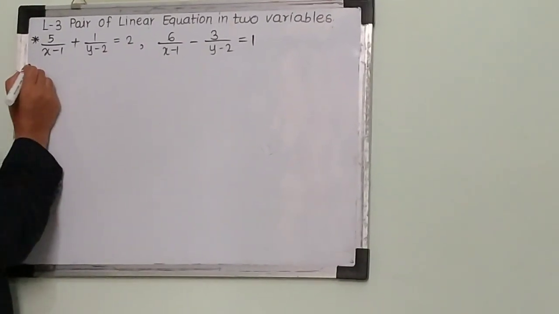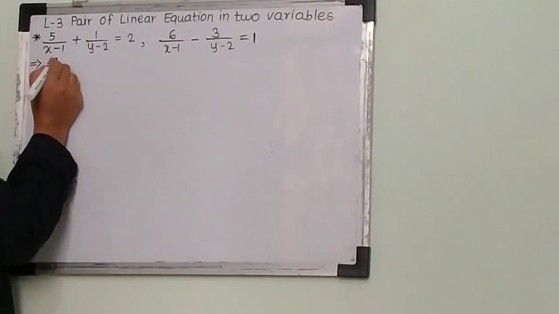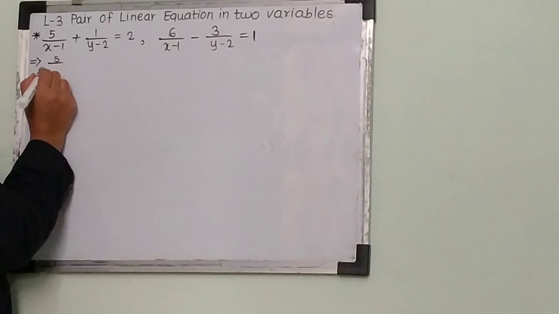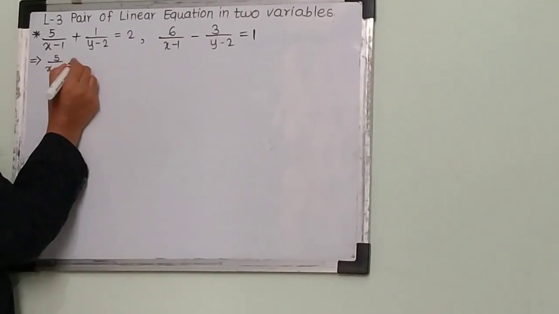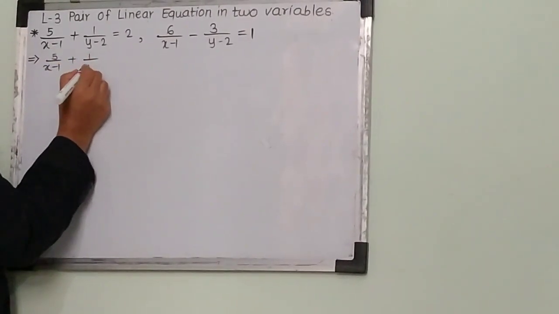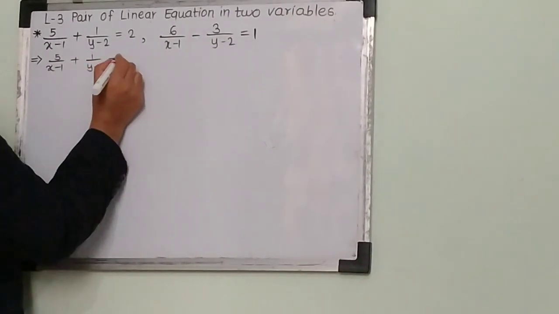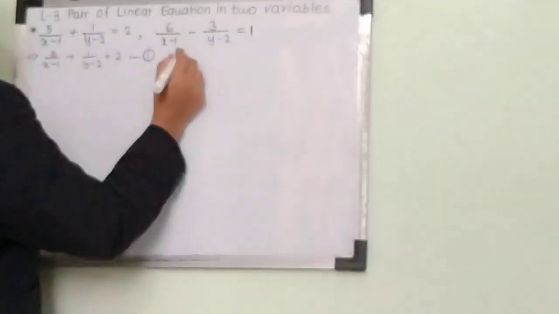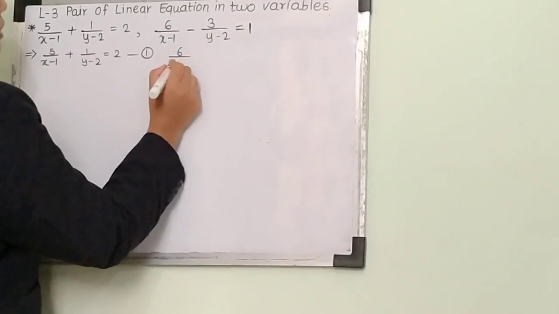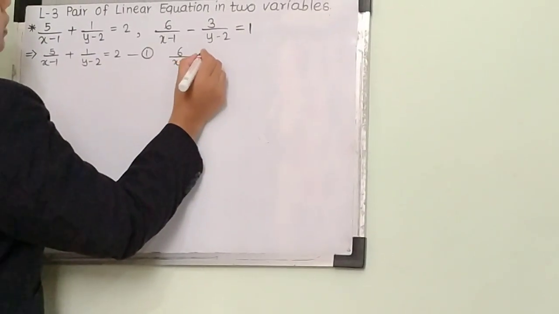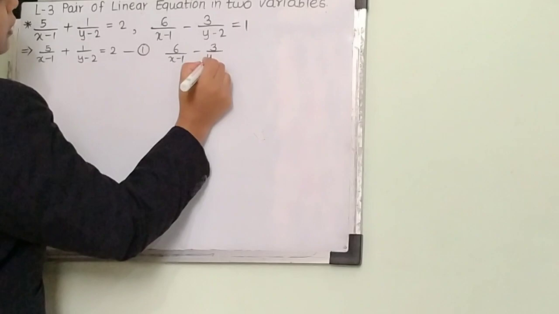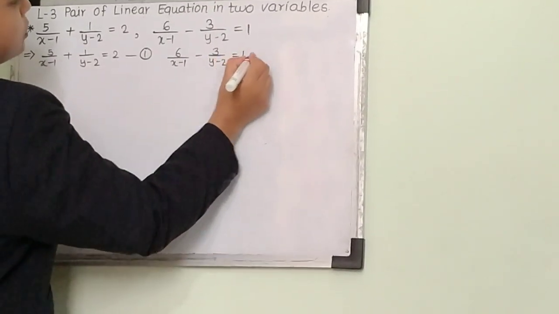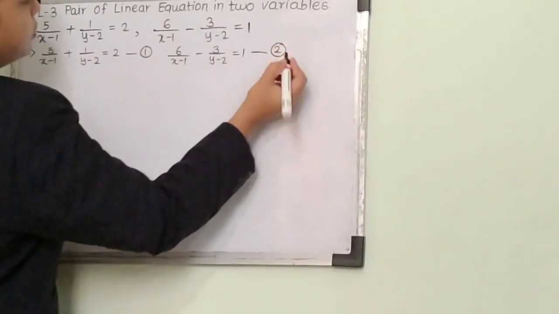First, we have to write the equation as it is given. So 5 upon x minus 1 plus 1 upon y minus 2 equals to 2. That is equation number 1. And the second equation is 6 upon x minus 1 minus 3 upon y minus 2 equals to 1. That is equation number 2.